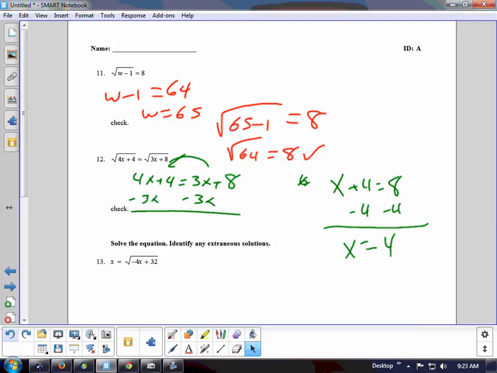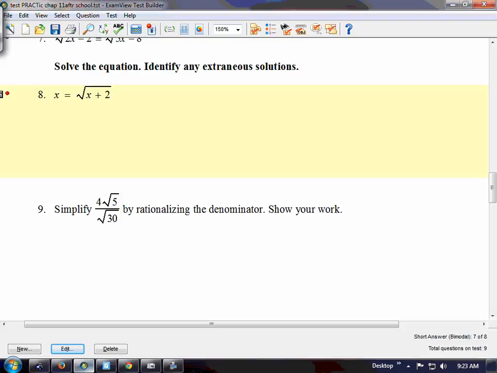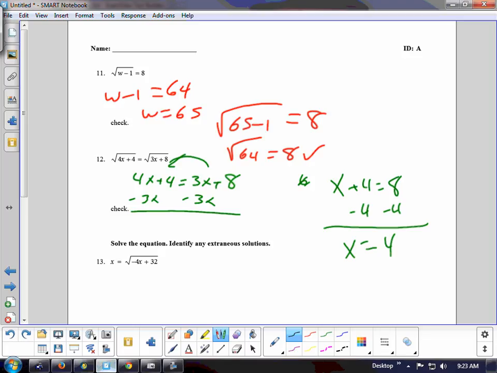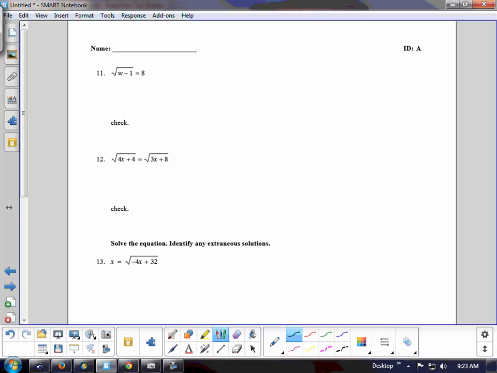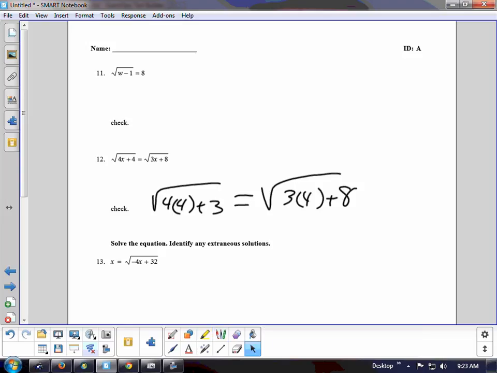Okay, it does check because, well, you've got to show the check tomorrow, so let me show it for you. You have to show the check tomorrow. So, I'm showing the check. This is 16 plus 3, radical 19.